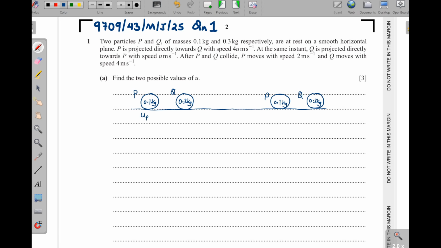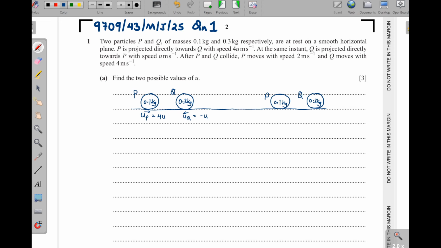First of all, U of P is projected forward, and this is 4U, and U of Q I will say is negative U, because it is moving in a negative direction.